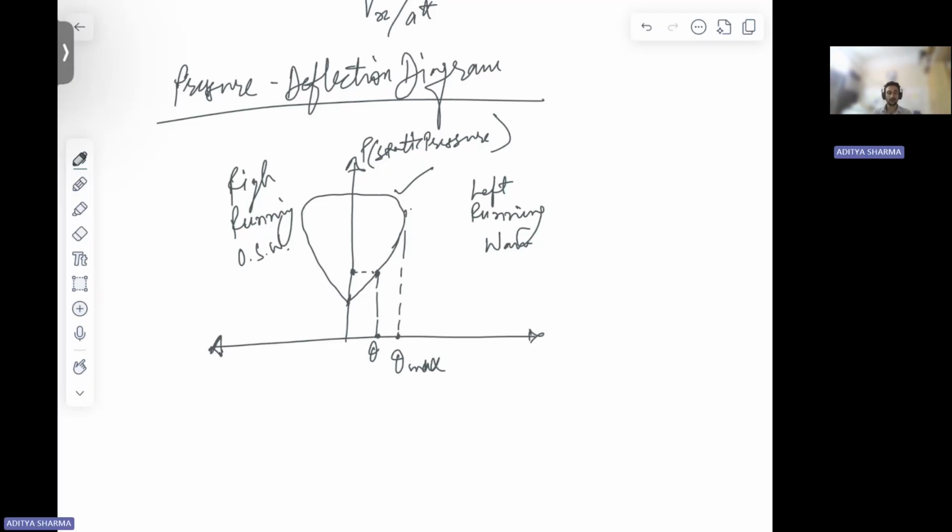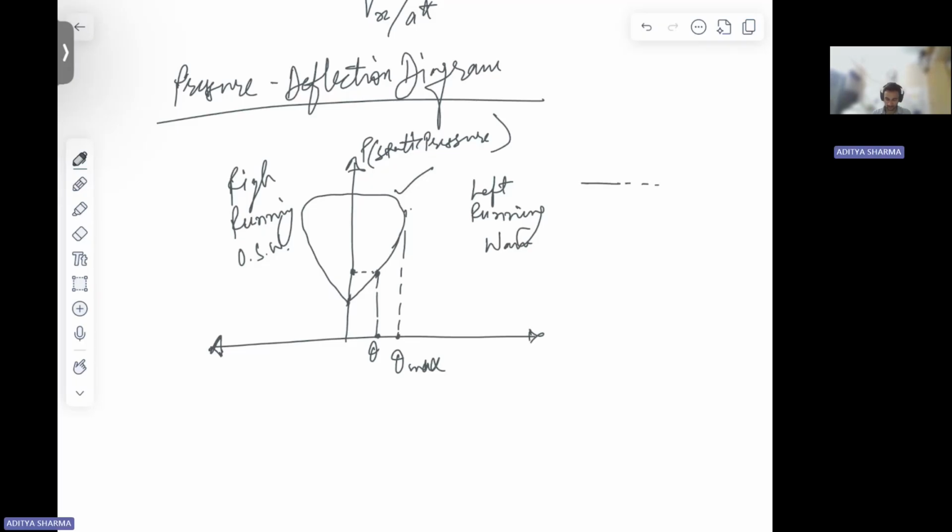Now, what is left running and what is right running? If you're standing on the shock wave and you're facing the flow direction, so if your flow is moving in the front direction, you're also facing that direction. In that case, if your flow is deflecting in the left direction, we call that a left running wave. If your flow is deflecting in the right direction, that is a right running wave.